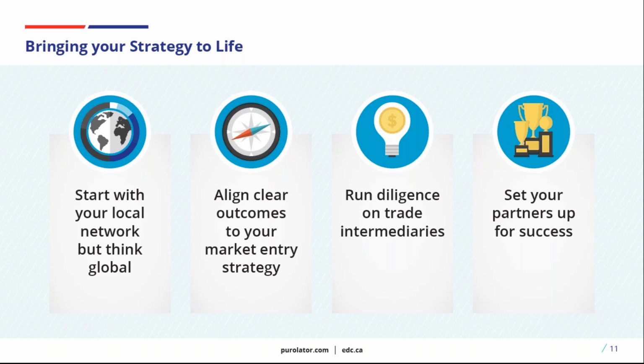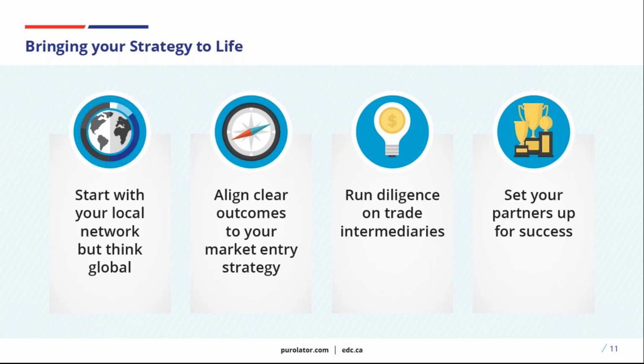The first one is, once you've selected your market, once you've thought through that this is an attractive market that we have to be in, once you've thought through the fact that there are competitors and that you have a competitive edge, it's important to think through starting local but thinking global.